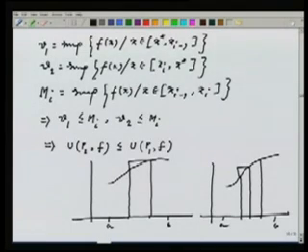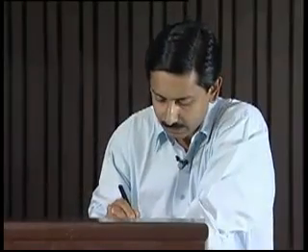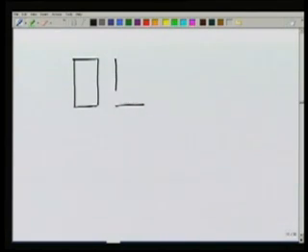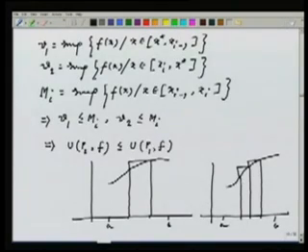This is the first one, this is the second one. Now you can compare. In one case, I had this rectangle. In the next case, what I am getting is, go back to the picture, you see what I am getting.